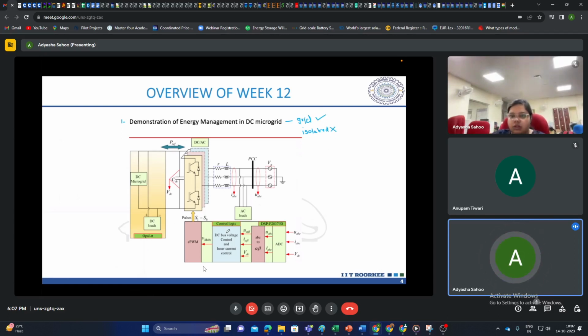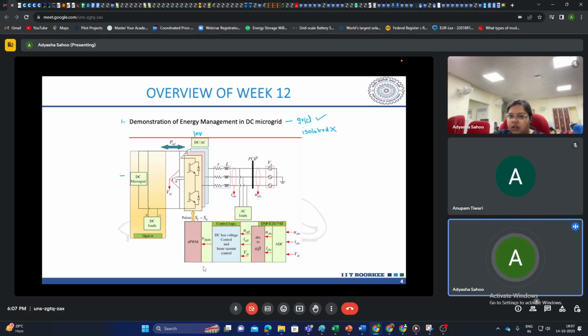So here you can see that this is the inverter, which is acting as a link between this DC microgrid and the AC grid, basically. Here you can see the AC side of the inverter.